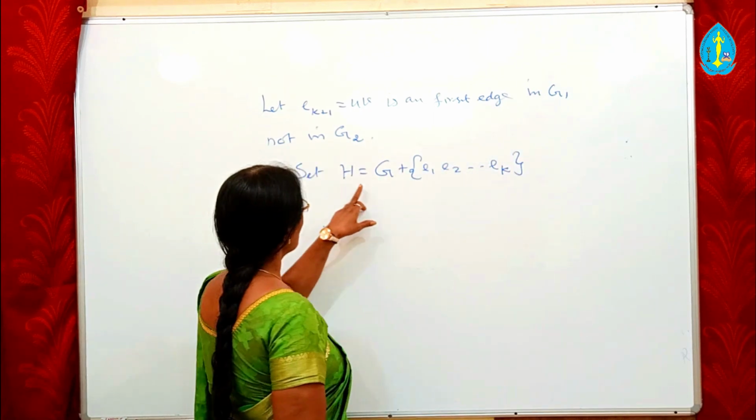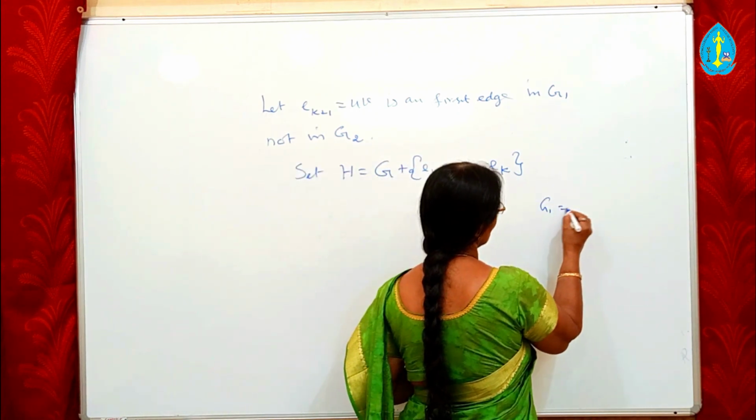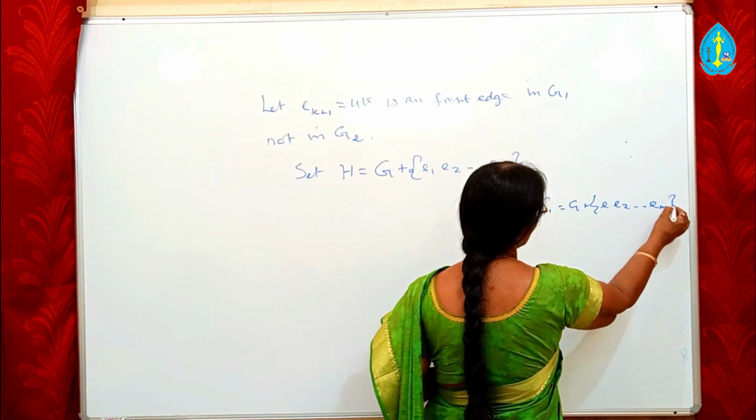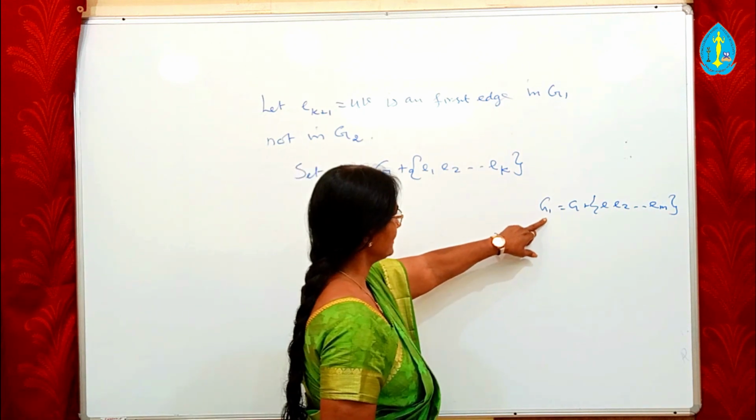That is, G1 is G plus E1, E2, etc., Em. So H is a subgraph of G1.